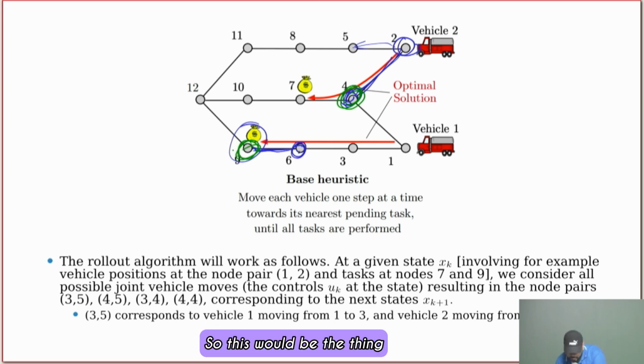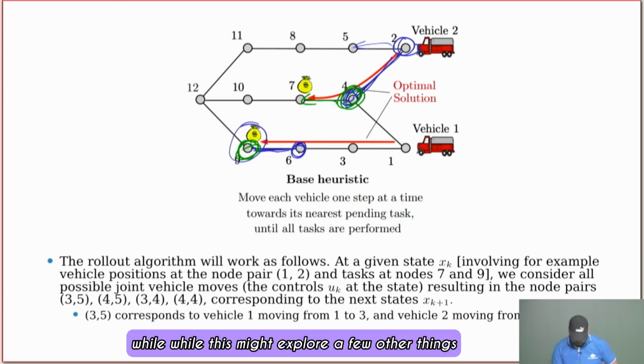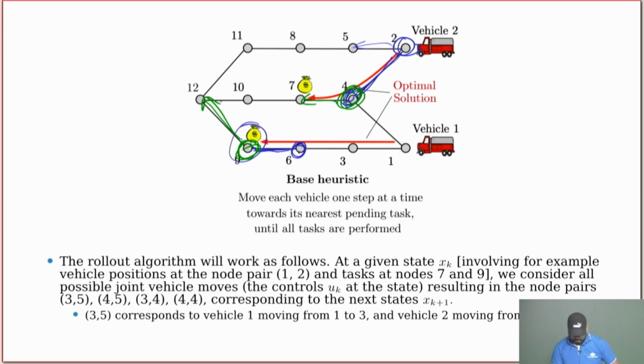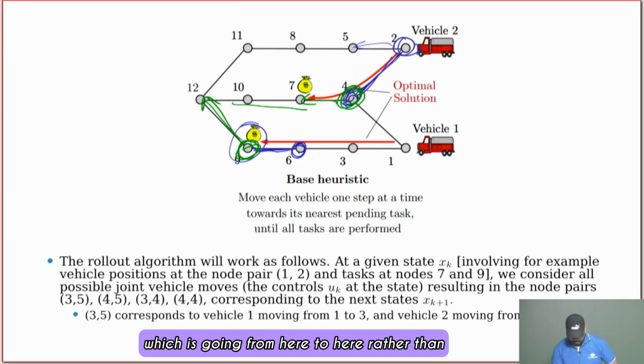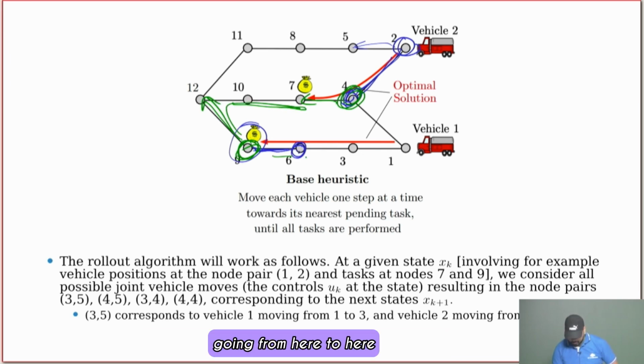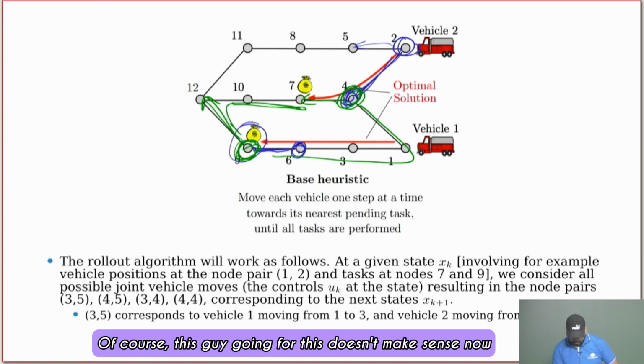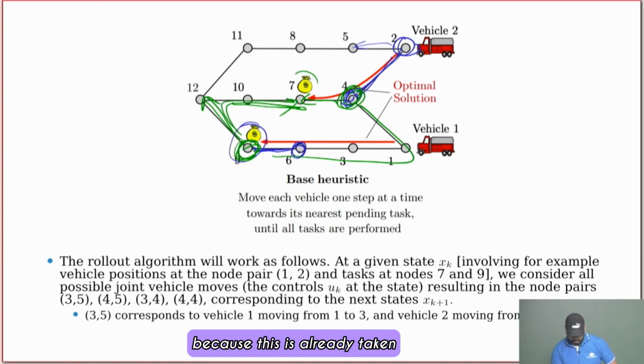Okay, so this will be the thing, and then they will explore more. So in this one step it will already reach here. So that's already done, while this might explore a few other things. So maybe it will pick this, looking at the least distance, which is going from here to here rather than going from here to here. Of course, this guy going for this doesn't make sense now because this is already taken.